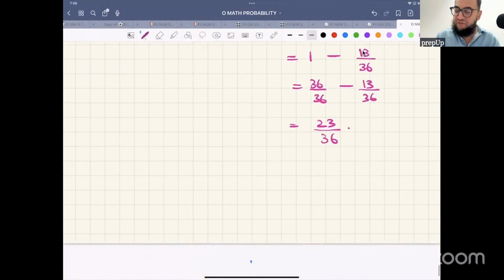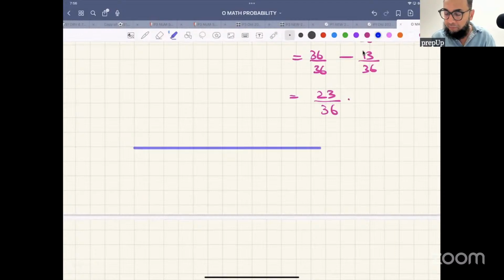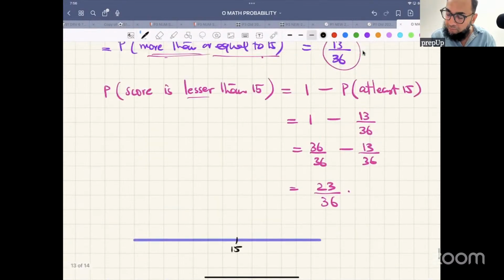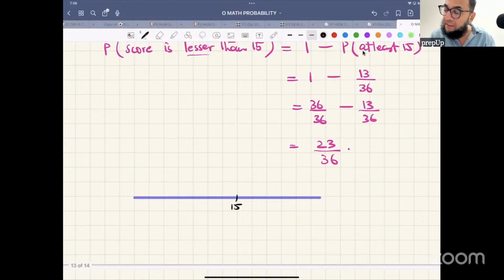Let me also explain to you using a number line. So let's say there is a number 15 over here. And we are interested in at least 15. So let me use the purple thing. This is 15. And let me go this way. This is at least 15.